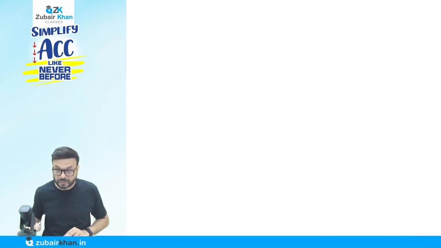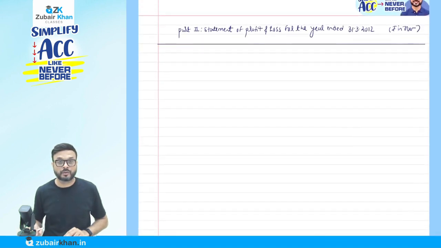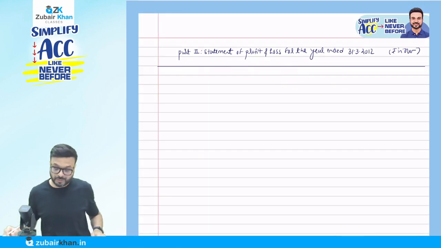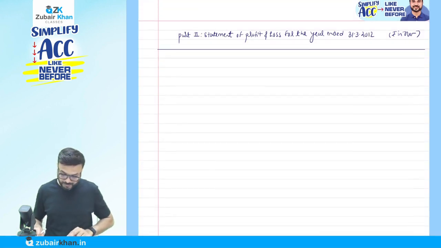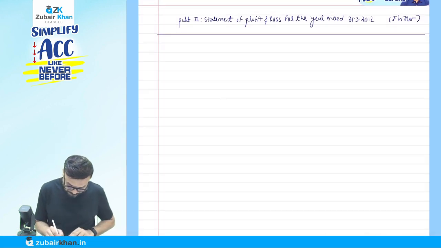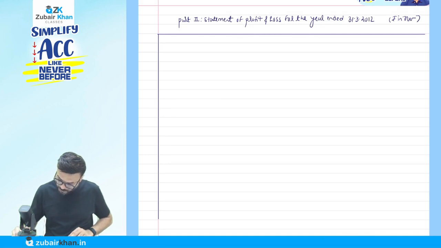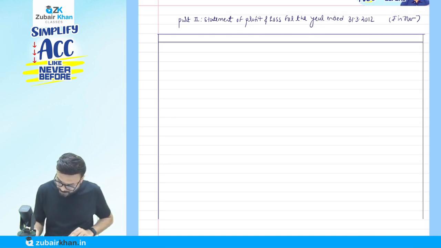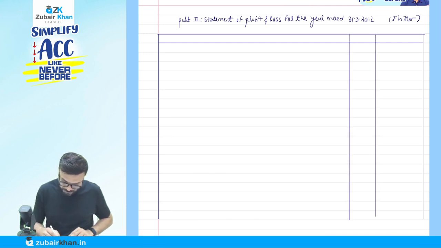Okay, rupees in thousand. Okay, now write it. Part 2, statement of profit and loss for the year ended 31st March 2012, rupees in thousand. Now here, draw this for half a page. Note, amount.